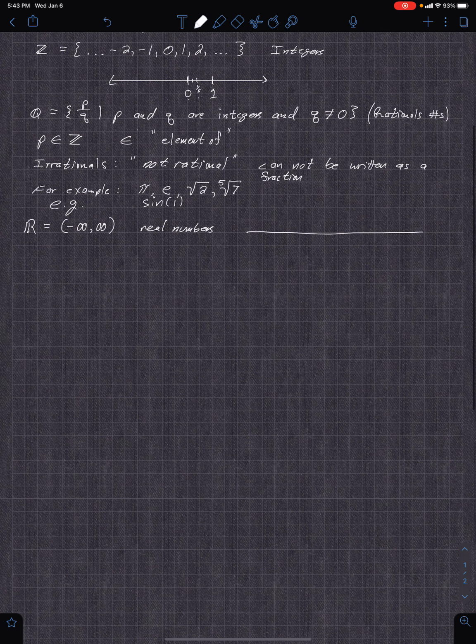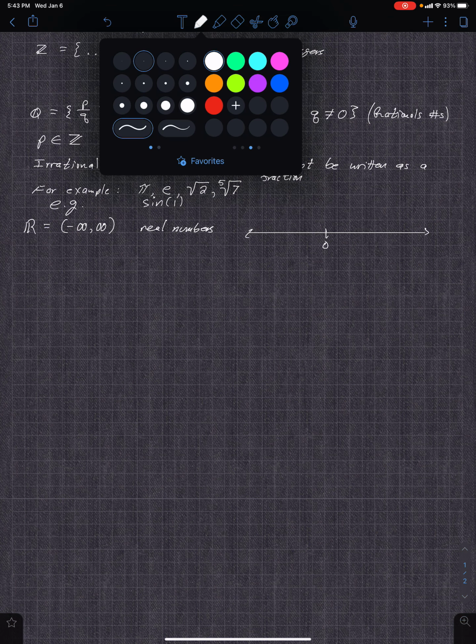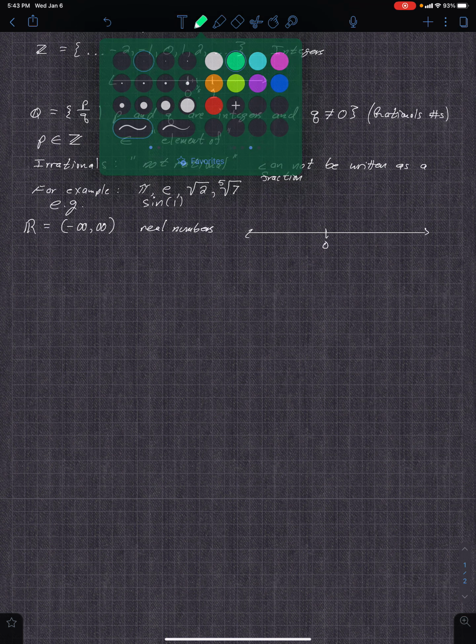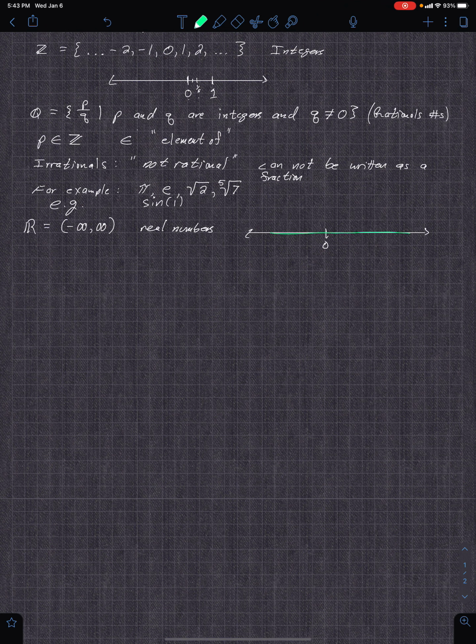Okay, so on a number line, if this is, say, 0, you're going the whole length of that. Put a double line in there. So you're going from negative infinity and then finish the whole number line.